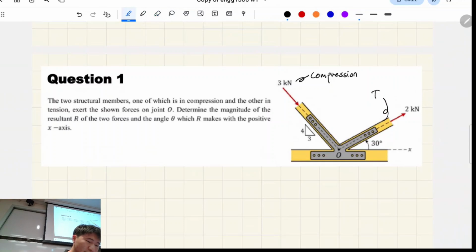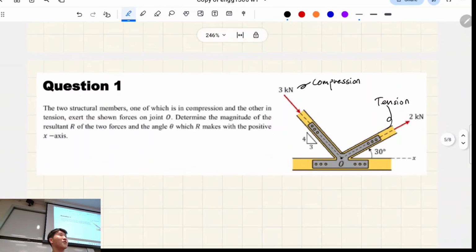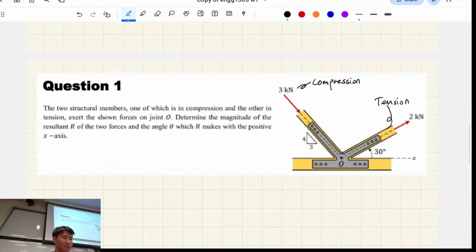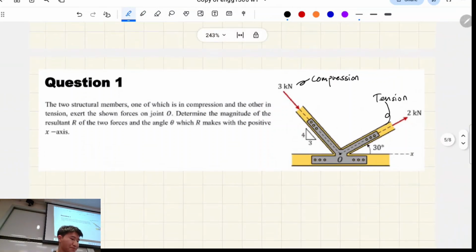And here we have a tension force pulling away from it, right? You'll learn on Friday that this structure is part of a truss, or could be part of a truss, because trusses use axial forces, right? Axial forces act along trusses. You'll find that out later.